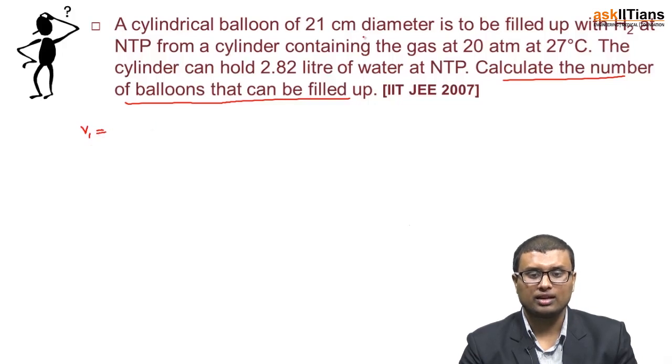The radius is given, and it is also given that it is a cylinder. So what is the volume of a cylinder?